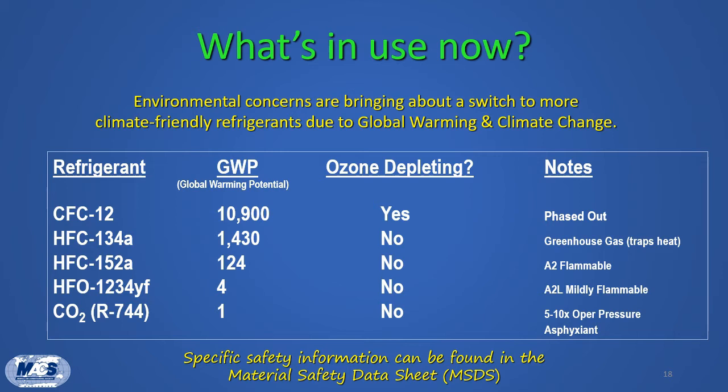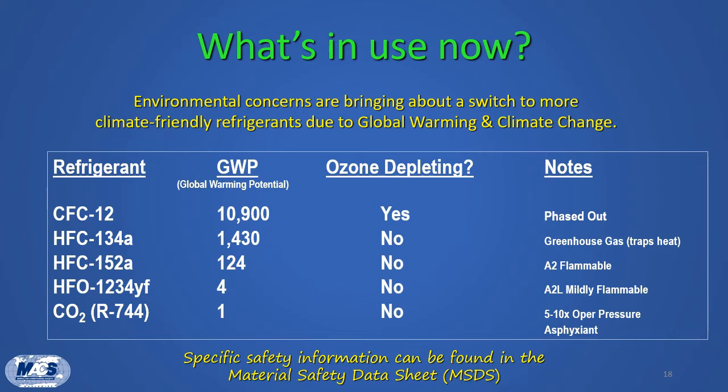Using CO2, carbon dioxide, as a baseline global warming gas with a GWP of 1, comparatively, R12's GWP is 10,900. This means that R12 is 10,900 times more of a global warming gas than CO2, and as such, is that much more harmful to the environment.